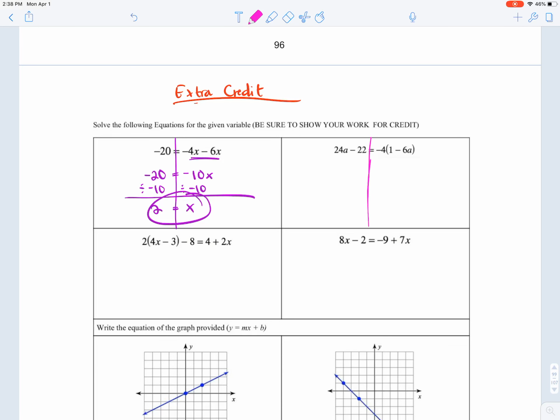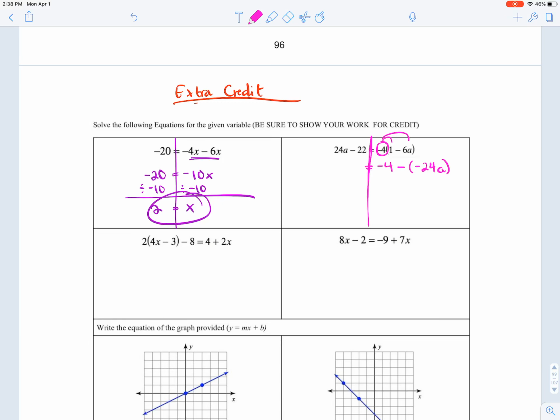Let's go ahead and solve. Ooh, this one's difficult. Okay, this is going to be very involved. So I'm going to take this negative 4 and distribute it to both terms inside the parentheses. So now I have negative 4 times 1, which is just negative 4, minus, I'm going to keep that minus sign, and negative 4 times 6a is going to be negative 24a.